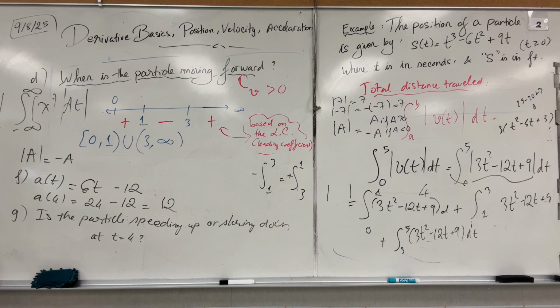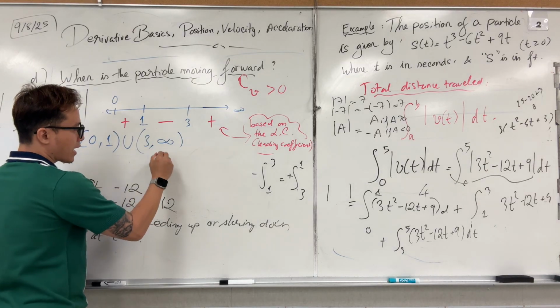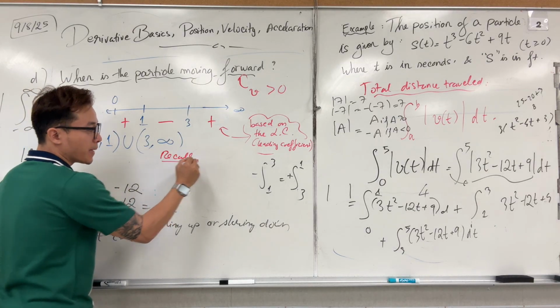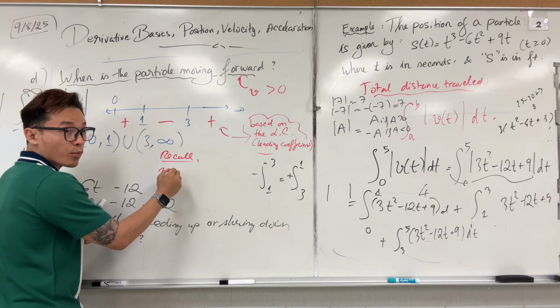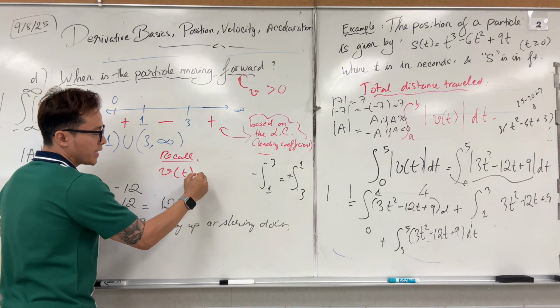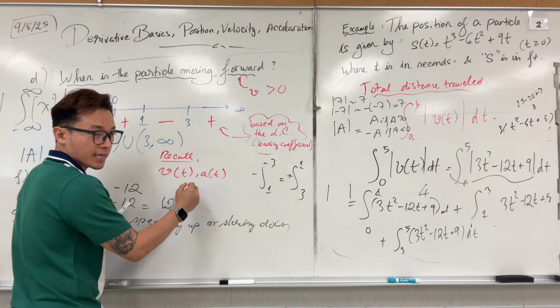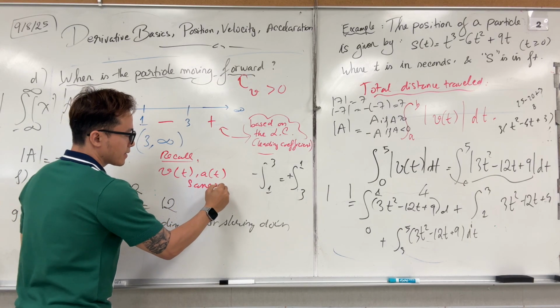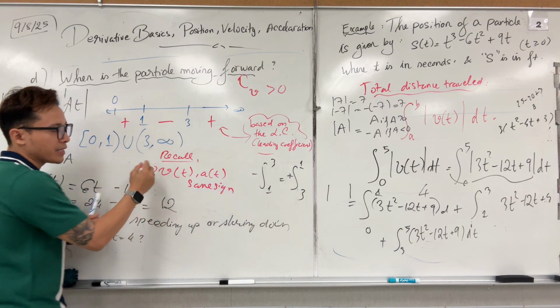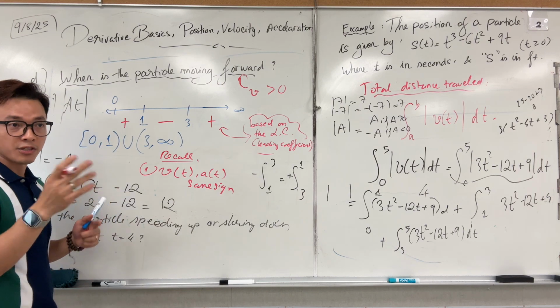No, it has to be the same sign. Exactly. Do you remember that one? Okay, let's write down if you forgot. Speeding up when v(t) and a(t) have the same sign. Same sign means when you multiply them, the product is larger than 0.